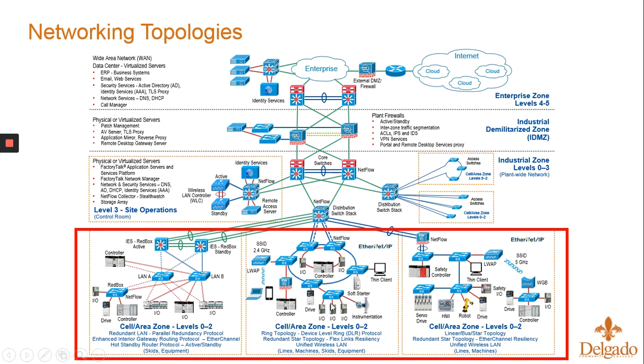We also show some mixed topology here. We show a star topology off this switch, which is in turn tied to that switch, which is in turn on the ring. And our last cell area is a linear network. We just come in with a switch, and we're doing a flat linear approach across the switch, across the cell.